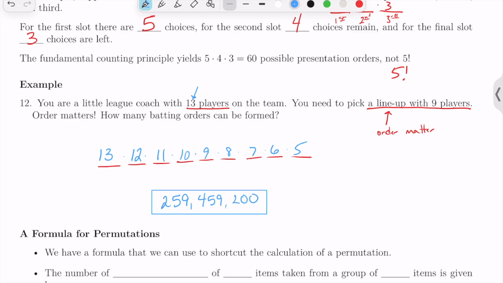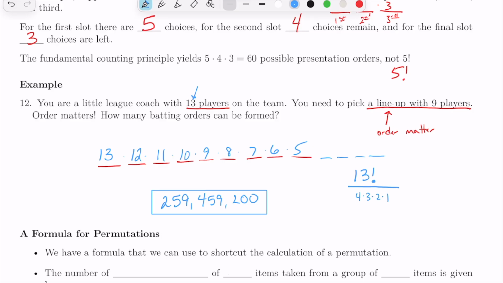And I kind of want you to think about this. We did this a little bit ago. Because if I had 13 factorial, but I just don't want 4, 3, 2, and 1, one way that I could do that is to divide out that 4 times 3 times 2 times 1.